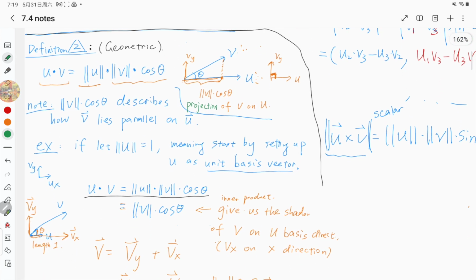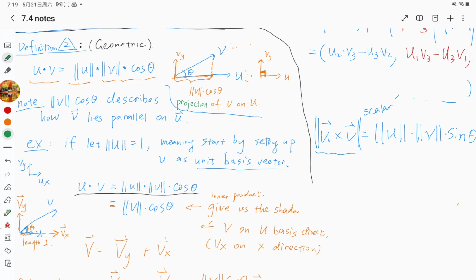Also, last time we said why this second geometric definition could be quite useful is that when u is of length 1, and we want to construct a set of pairwise orthogonal basis vectors, we said that unit basis vectors are important because we don't need to care about the magnitude, calculating times a big numerical value.